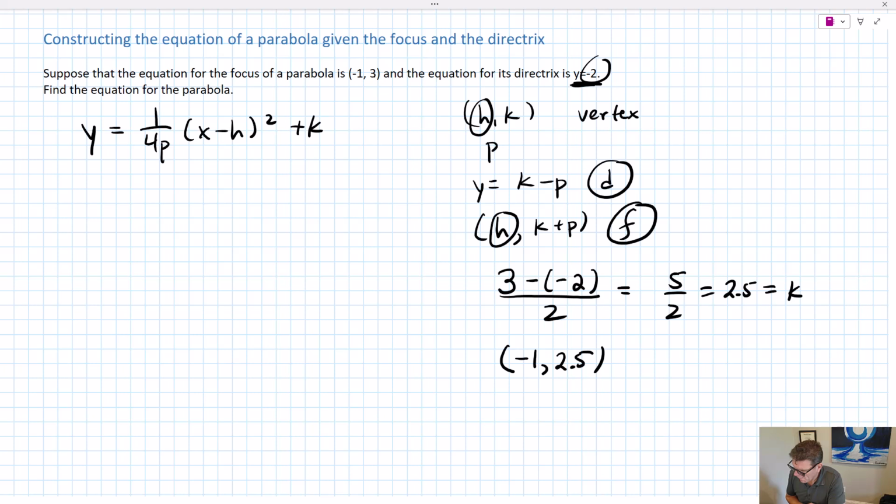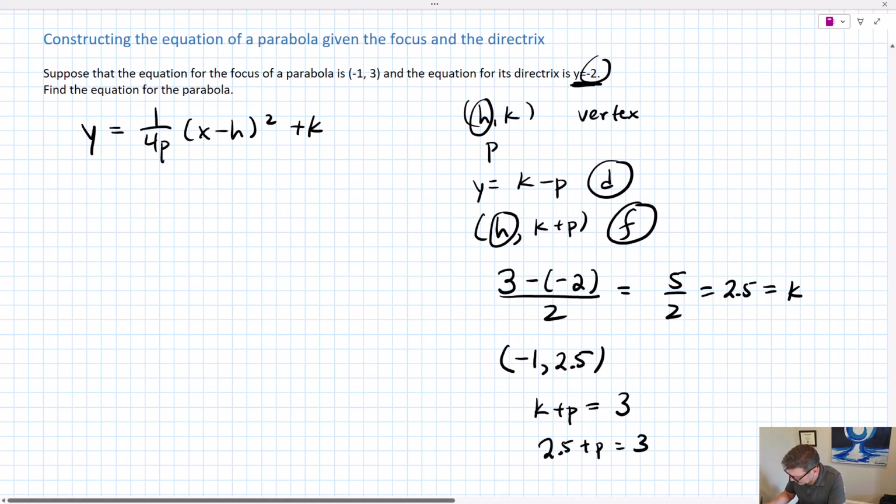And there we go. Now I've got to figure out what p is. But p is not so hard, right? Because remember that k plus p is going to end up equaling, in this case, 3. So k was 2.5. I've got 2.5 plus p, and that equals 3, because k is right here. And so consequently, p is going to end up equaling 0.5.